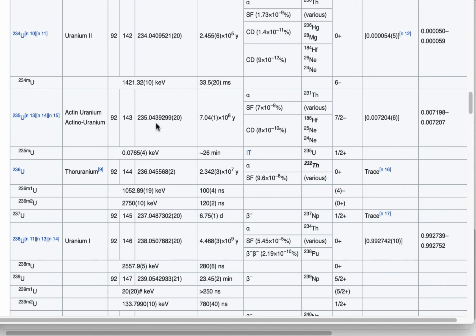But this mass is in atomic mass units or in grams per mole, so we need to convert it into a unit that we can actually handle, which is going to be kilograms.